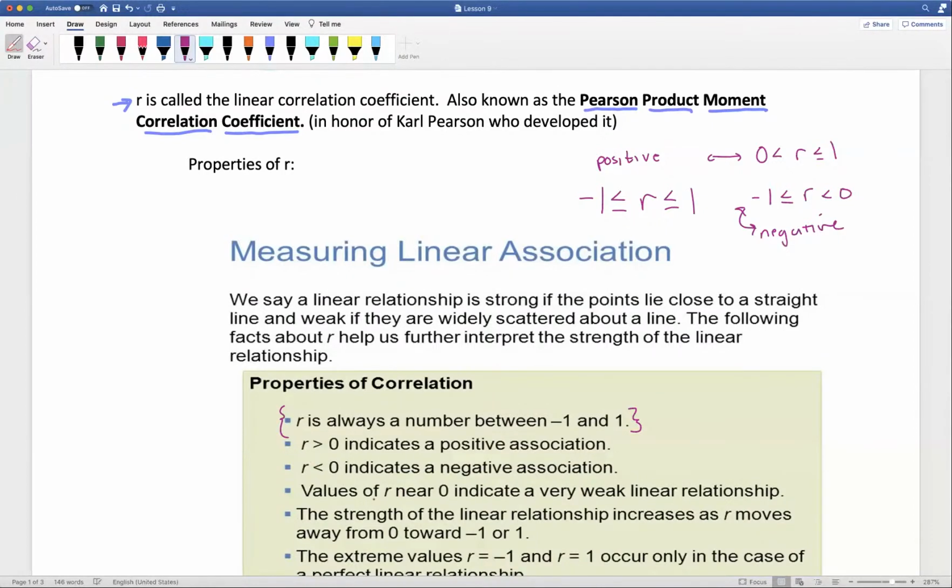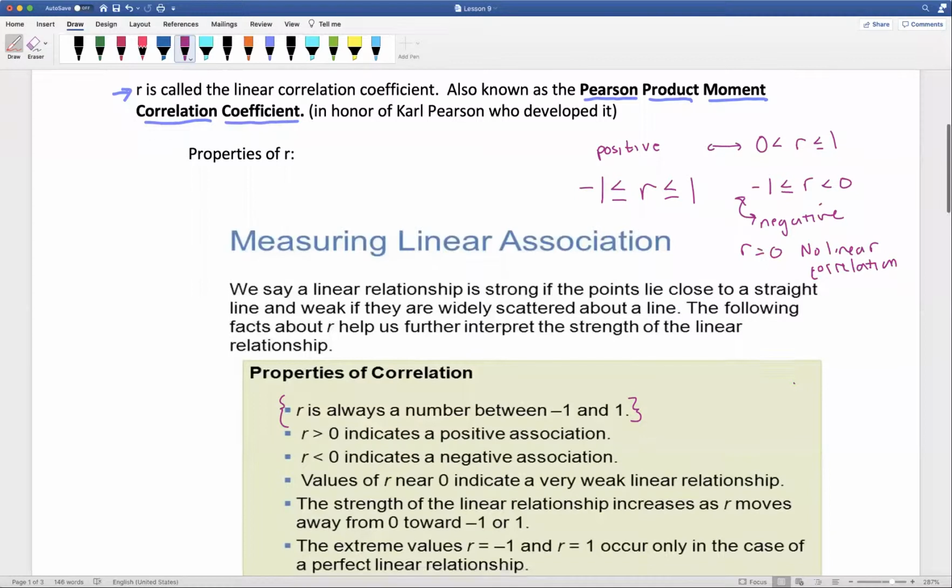For values of R near 0, if R is equal to 0, there's absolutely no linear correlation whatsoever. And values for R that are close to 0, we say there's a very weak linear relationship between them. If R is equal to 0, then we say that there is no linear correlation.